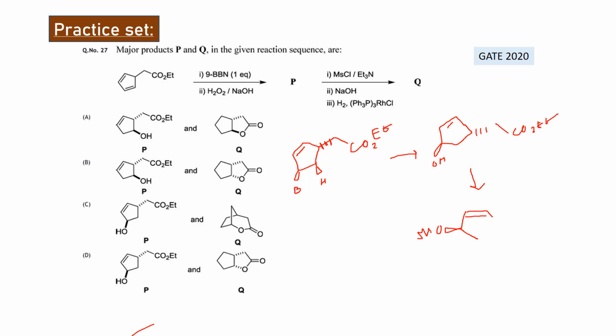This OH will be mesylated and it will become a good leaving group. After that, if you add NaOH, this ester will be hydrolyzed and form this acid.